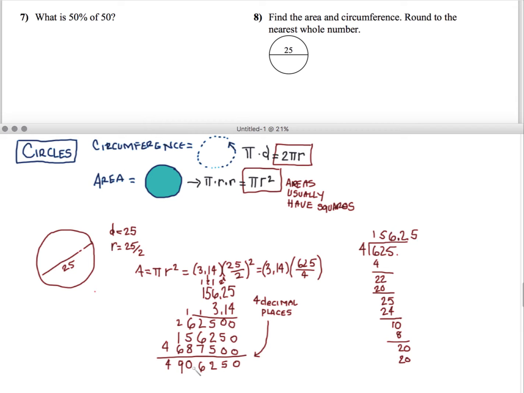We have 4 decimal places, so that's 490.625. Since we only want the nearest whole number, it's going to be 491.